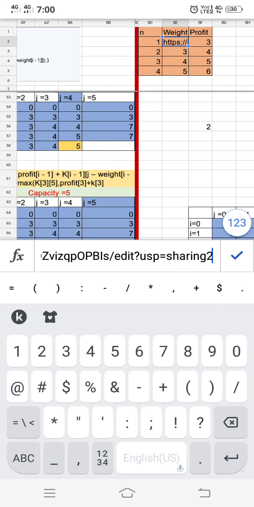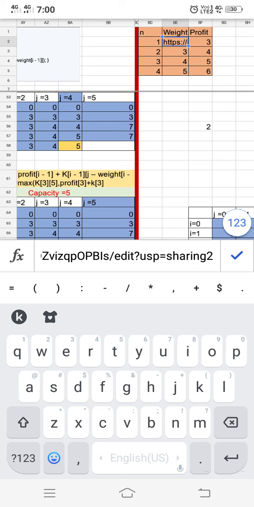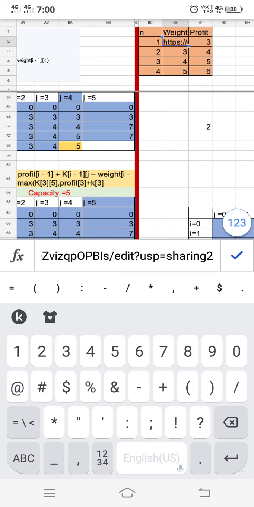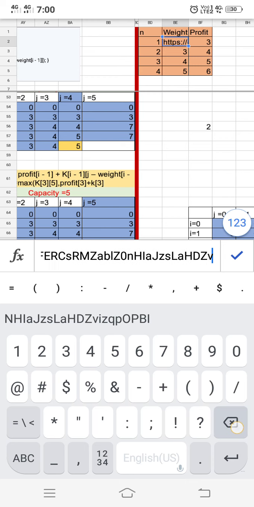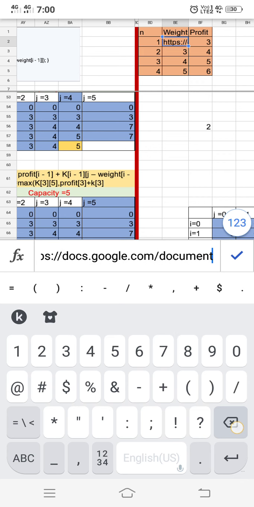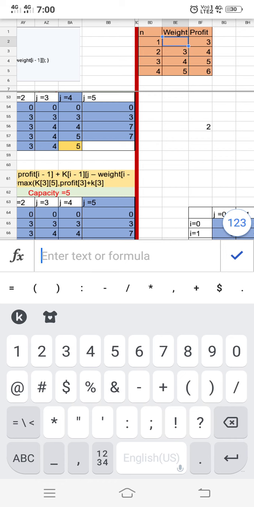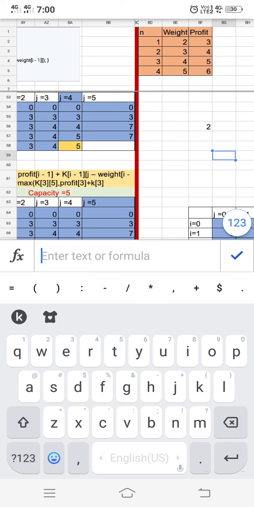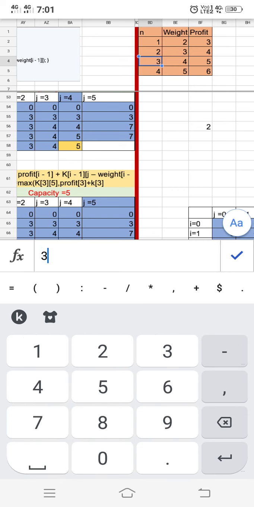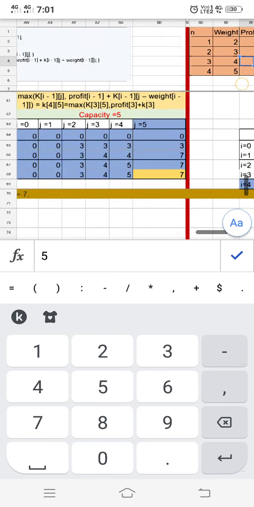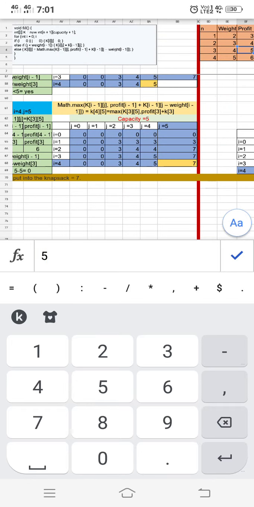By selecting the first object, its profit is 3. By selecting the second object, its profit is 4. So totally I will be getting the profit as 7. If I fill up only the object 3, its profit is 5. So the maximum of 5 and 7 will be considered, that is 7. So for the third object, for j equal to 5, the value 7 will be filled up.